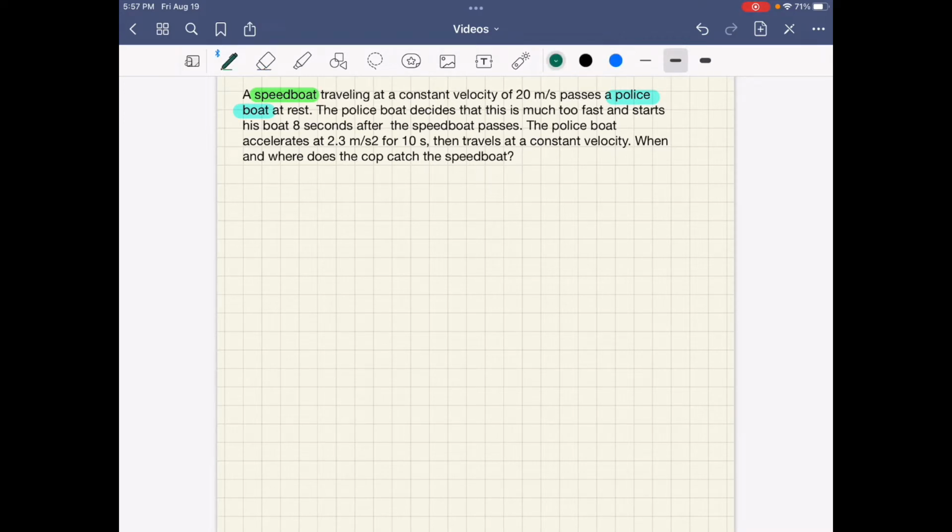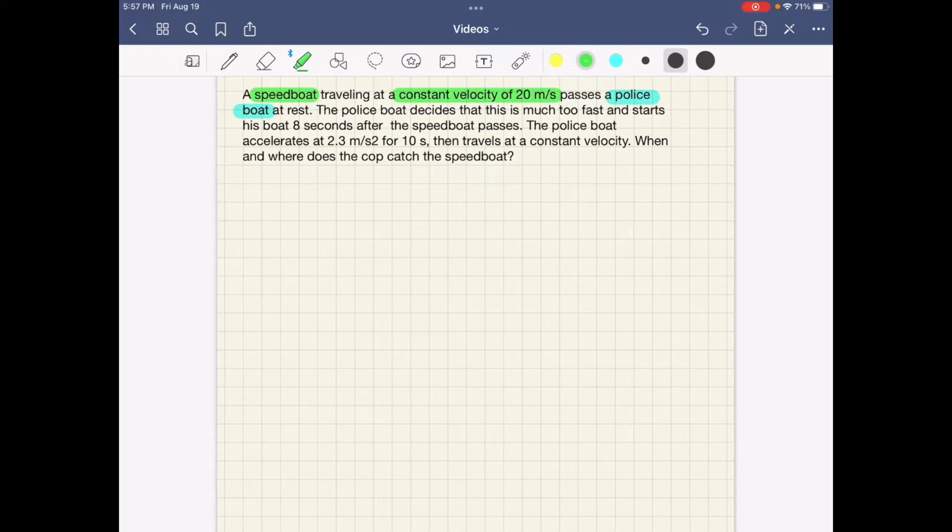So now what I want to do is highlight everything that's given for the boat. So we have the boat traveling at a constant velocity of 20 meters per second. Then we have time, 8 seconds, and then 10 seconds. Now, something that I want to share with you guys, time is the same for both objects, right?